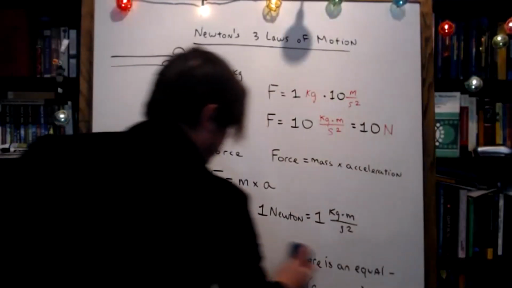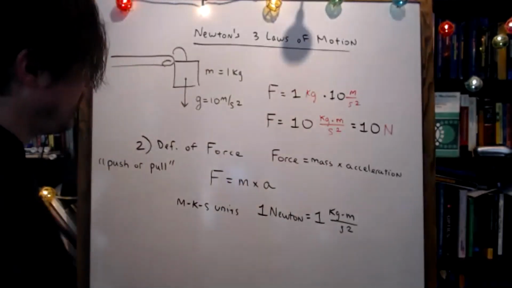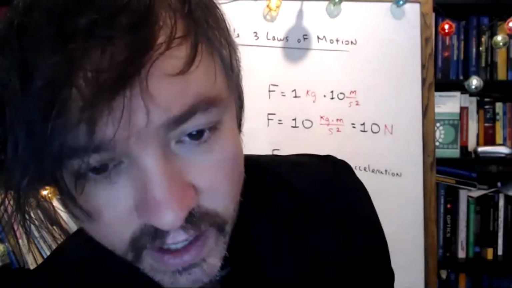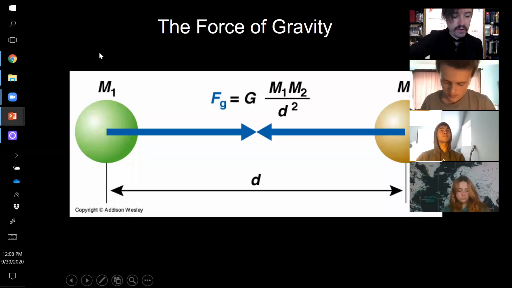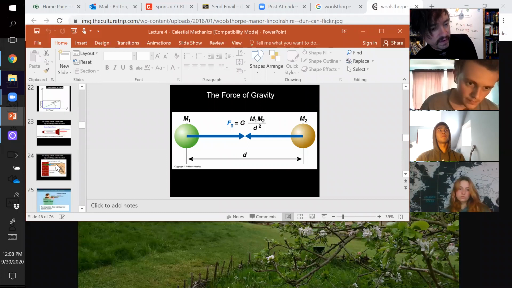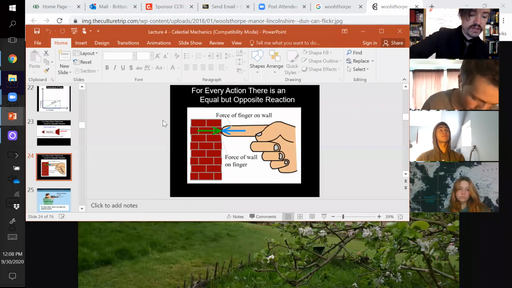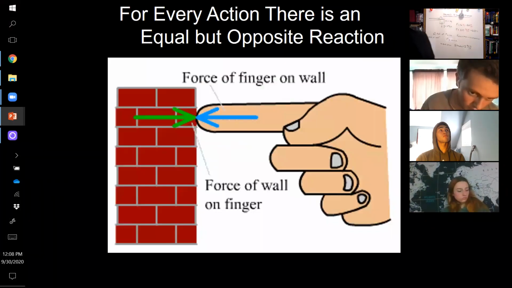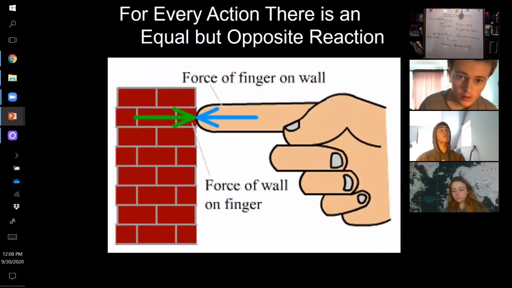I don't have the other part of number 3. I'm sorry. Andrew? Yes. The other part of number 3 is for every action, there is an equal but opposite reaction. So that was slide 45. And here's slide 24. While I erase, just copy it down right from the slide there, right at the top.